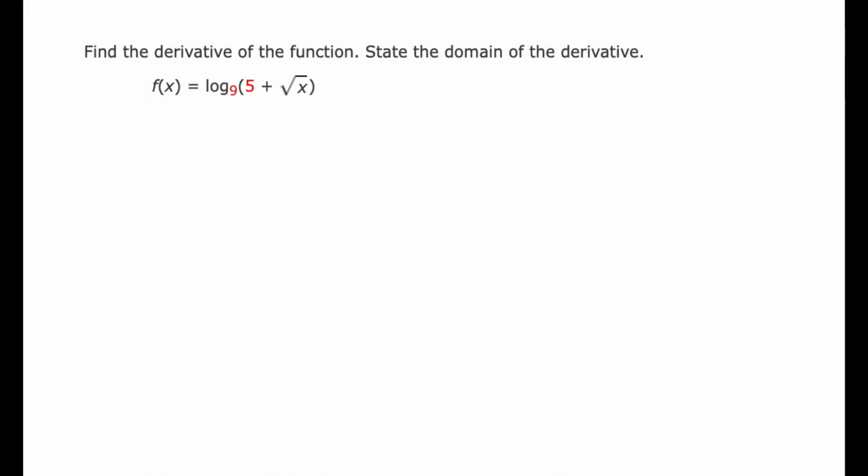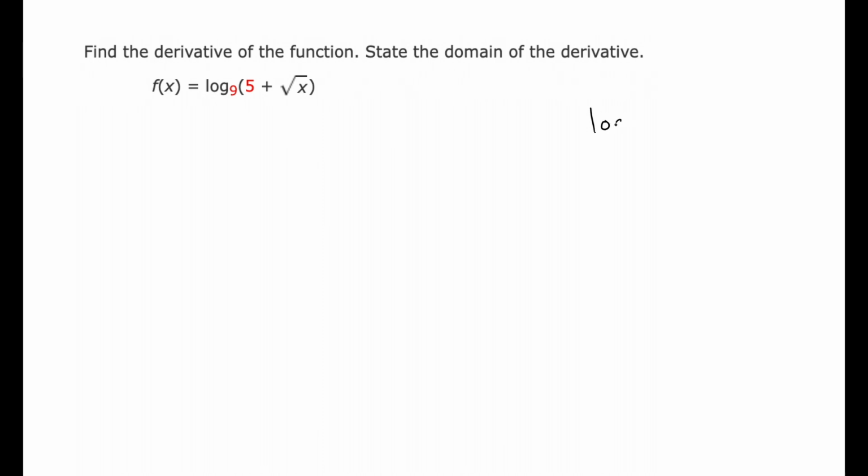Find the derivative of the function log base 9 of 5 plus radical x. When we have a log of a base that's different from e, we may wish to use the change of base formula to turn it into a base of e. The reason why a base of e would be preferable is because we know the derivative of log base e of x.